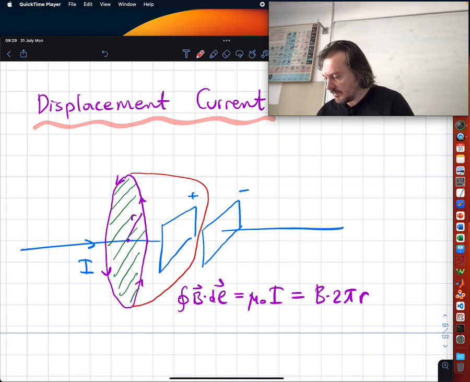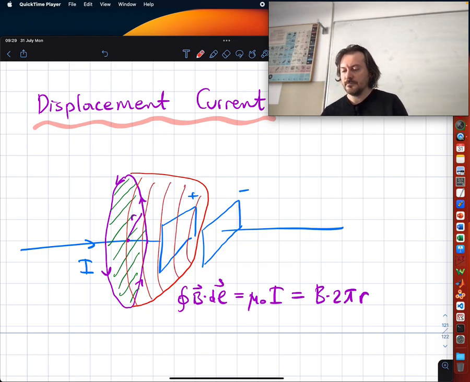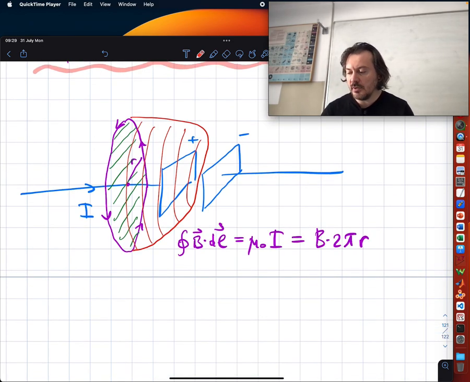Do you see what I did there? You can talk about that area. It's like a butterfly catcher again. But this time, what I did is I stretched the area in between the capacitor plates, right? So as a result, there is no enclosed current that we can define.